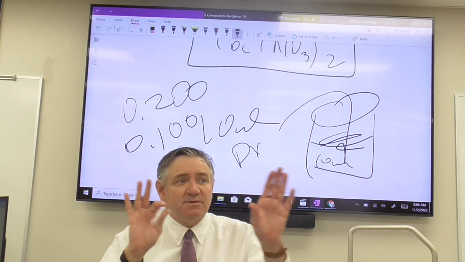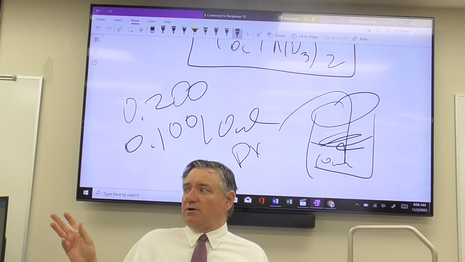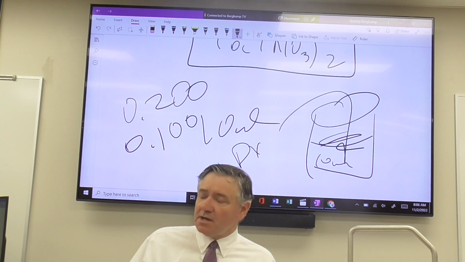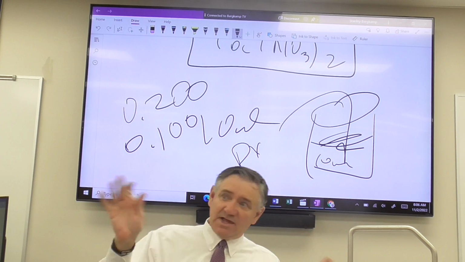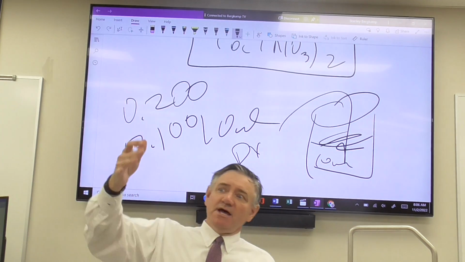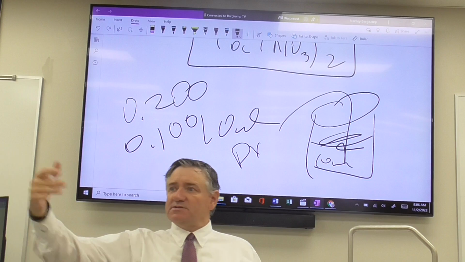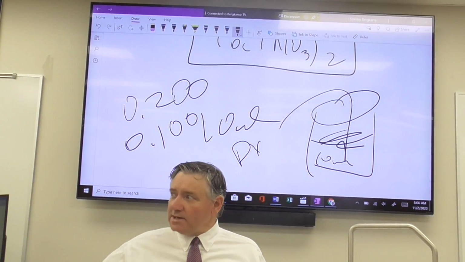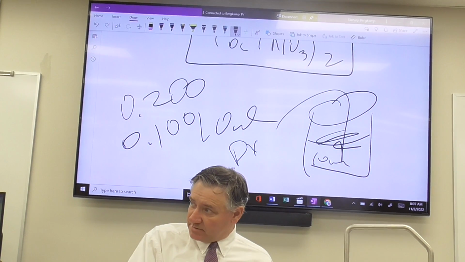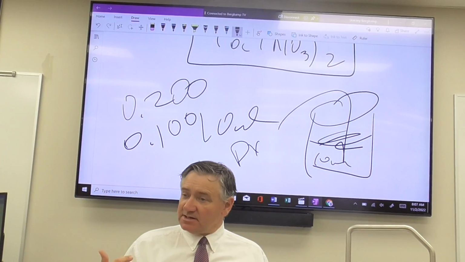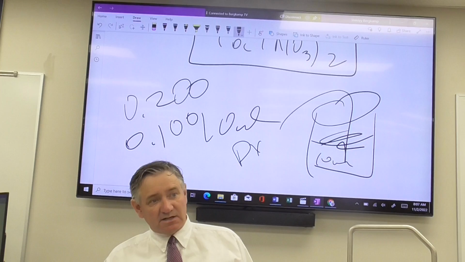And so this is a prediction. There's no right or wrong answer. It's a prediction, but then you want to justify that. So it's the claim, evidence, reason. Your claim is, is this thing going to conduct electricity or not? Why do you think it's going to conduct electricity, or why do you think it's not? And then you're actually going to test it to see if it does conduct electricity.